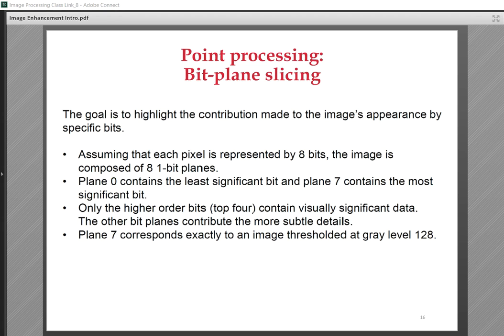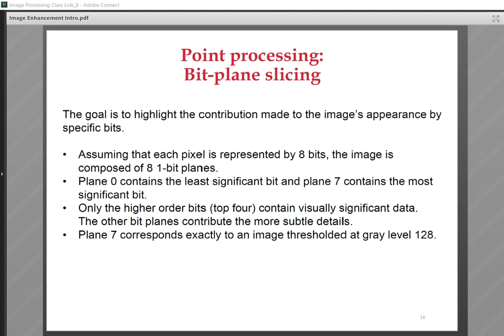You know that bit 7 is more significant, bit 6 is after it, and so on down to bit 0. The other bit planes, for example bit 0 and bit 1, contribute the more subtle details. Not most significant, less significant.